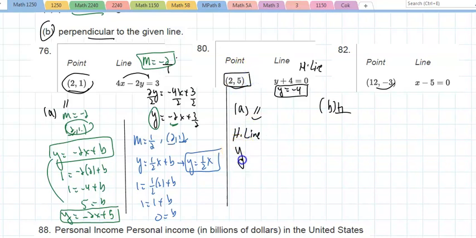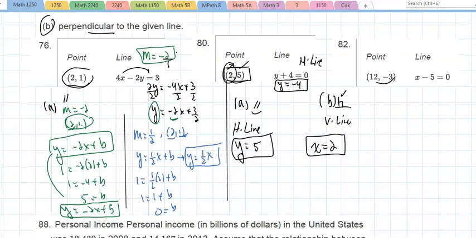Well, the equation for a horizontal line is y equals a number. Which of those two will be the y? That will be the 5. Done. And a perpendicular. I know a perpendicular line to a horizontal line is a vertical line. And a vertical line has an equation x equals a number. And isn't that the x? Again, it's right there.